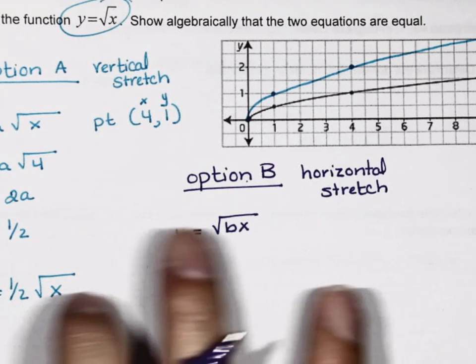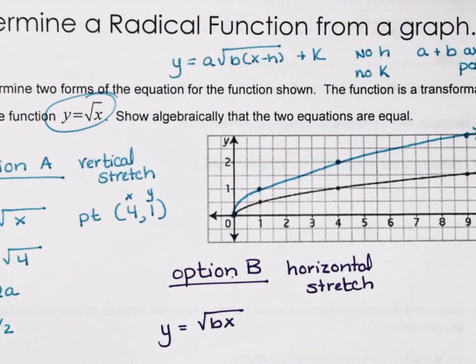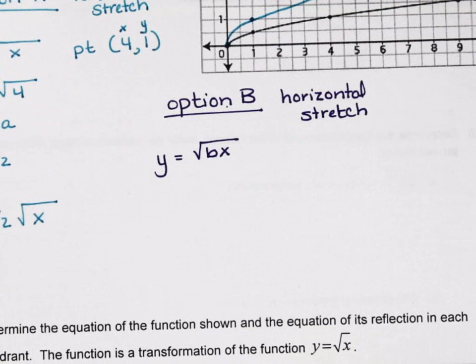Why is the b inside the root? B is related to the x, and it has to be under the root sign if it's going to affect the x. Again, we know we don't have an h and k because we talked about having no shifts, vertical or horizontal. We have no reflection, so we know b has to be positive.